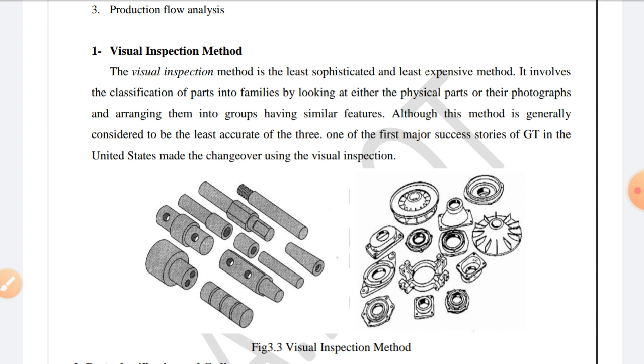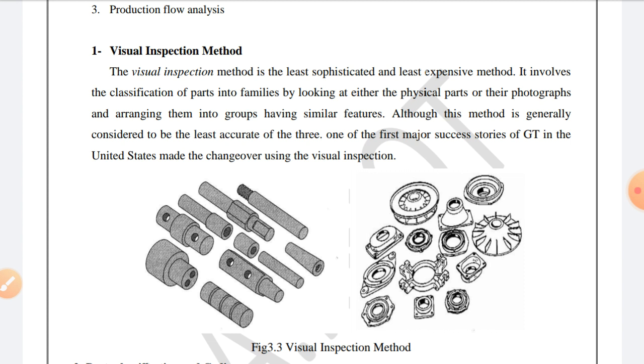The visual inspection method is the least sophisticated and least expensive method. No machines are required and there is not much expense, because you differentiate the components by eye. It involves classifying parts into families by looking at the physical parts or their photographs and arranging them into groups having similar features.